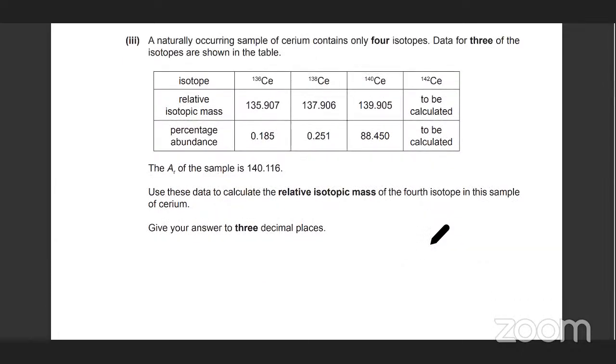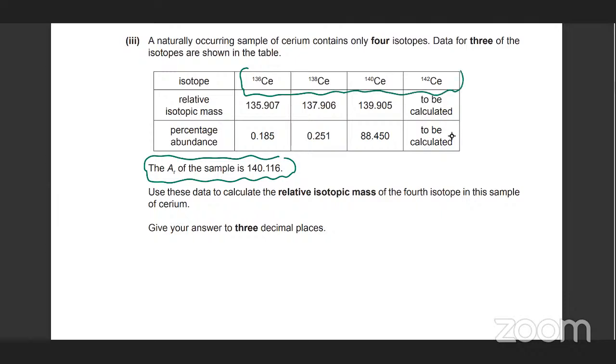So now you use the data to calculate the relative isotopic mass of the 4th isotope. So you have to calculate the isotopic mass of the 4th one. What is given is the AR of this entire thing. You're given the average mass of all the isotopes. So how do you calculate the relative atomic mass?